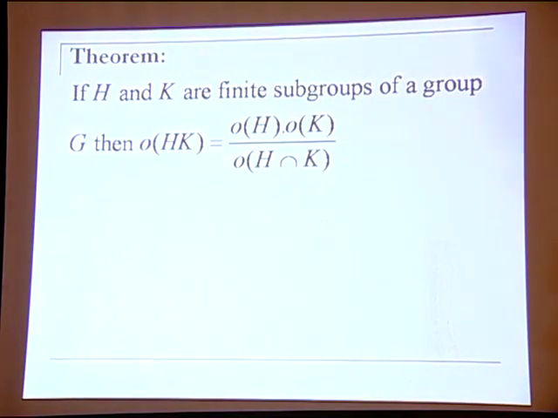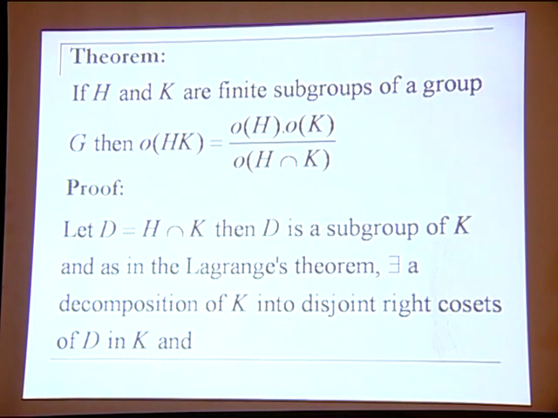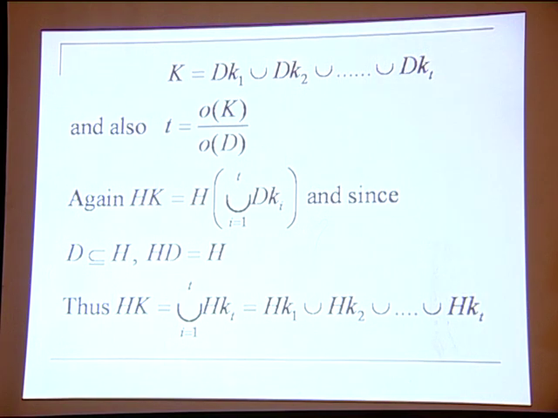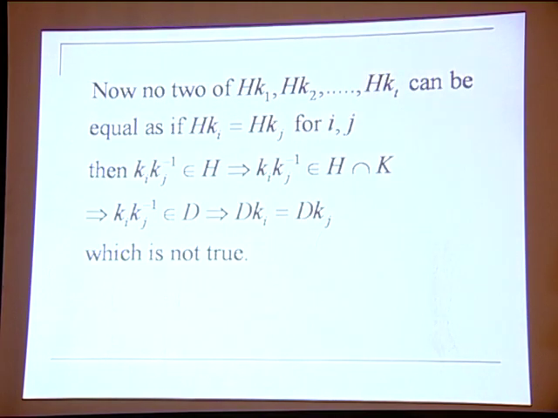Then if H and K are finite subgroups of a group G, then order of HK is equal to order of H into order of K over order of H intersection K. For proof, let D be H intersection K, and it is a subgroup of K. So if we take HK as the union of DK1 up to DKT, then no two of HK1 to HKT can be equal, as if HKi is equal to HKj, then that means DKi is equal to DKj, which is not true.